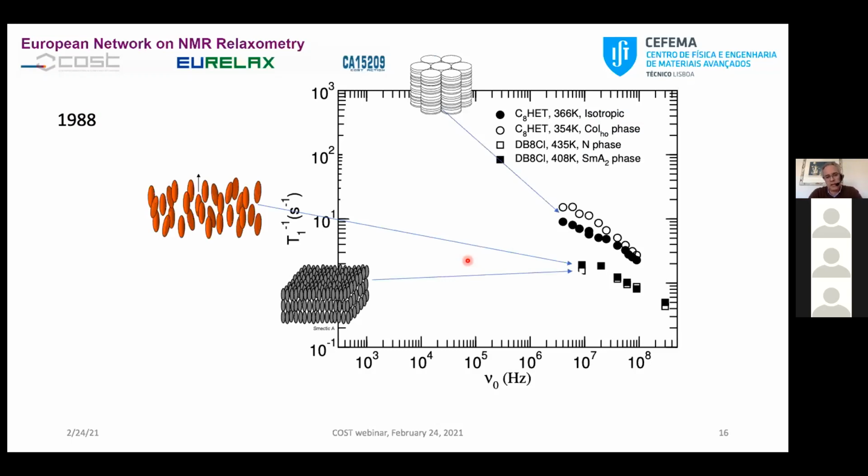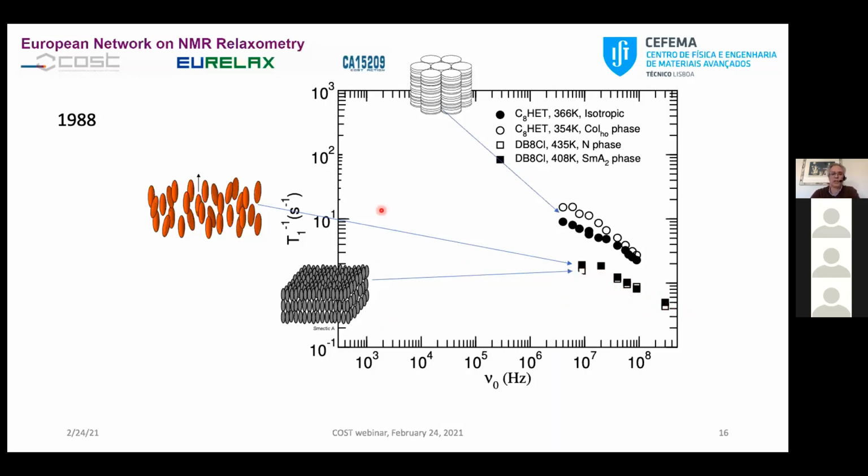Back in 1988, quite some years ago, I started my PhD, and I was given one of those compounds that I showed you before, and I started to look by NMR. In 1988 I only had access to high frequency measurements, so I was able to measure only this bunch of points here.